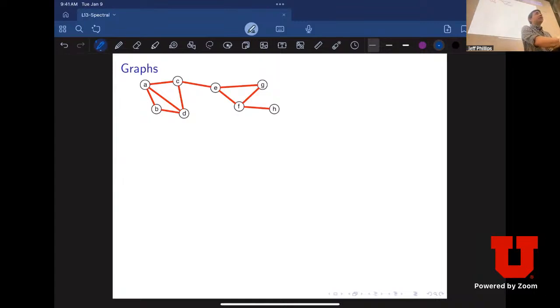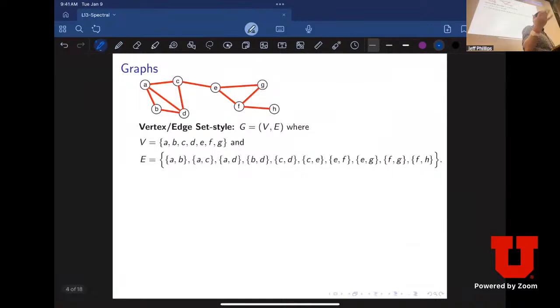There are a couple of ways of representing a graph. The first one will be a vertex-edge set style, and we'll think of the vertices as the data points.